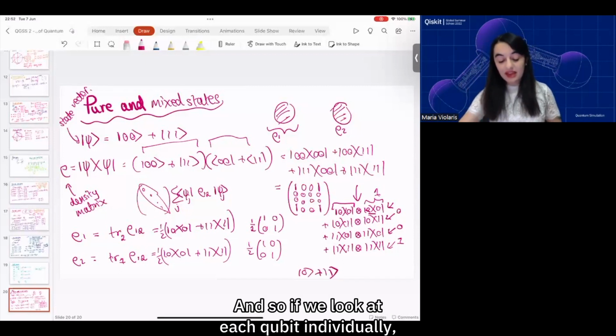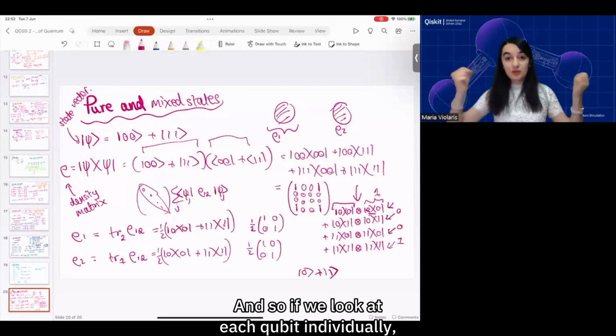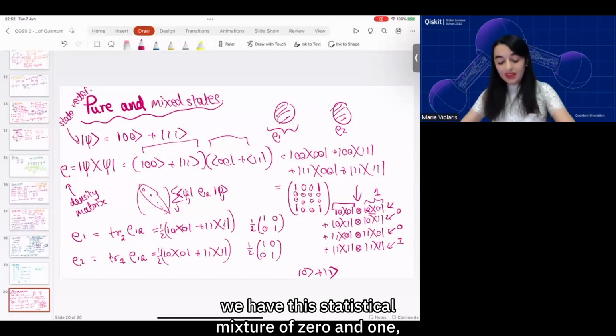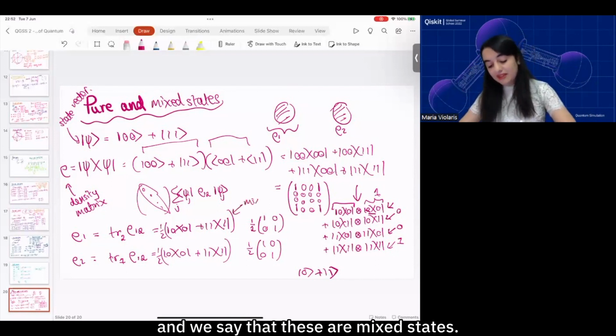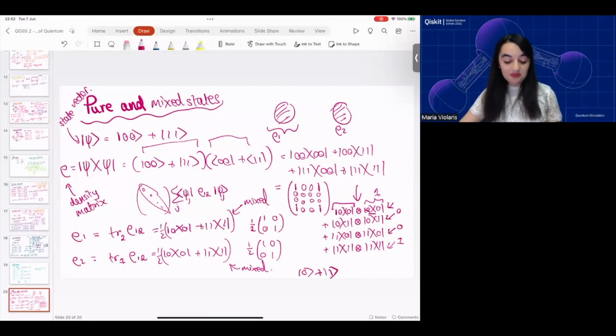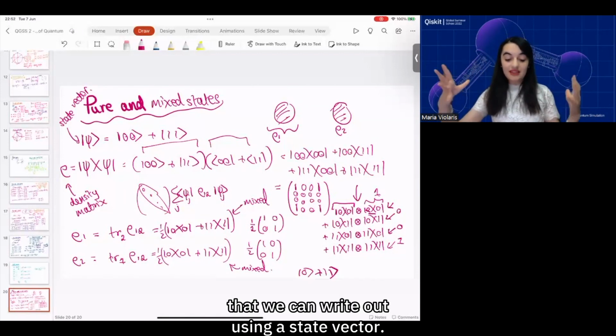And so if we look at each qubit individually, we have this statistical mixture of 0 and 1, and we say that these are mixed states. And that means that they don't have a definite state that we can write out using a state vector.